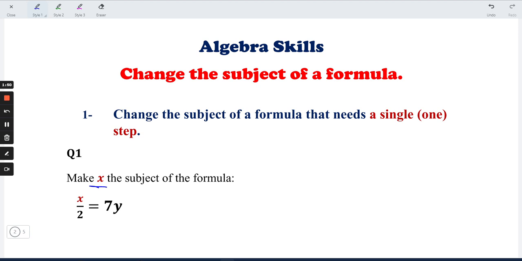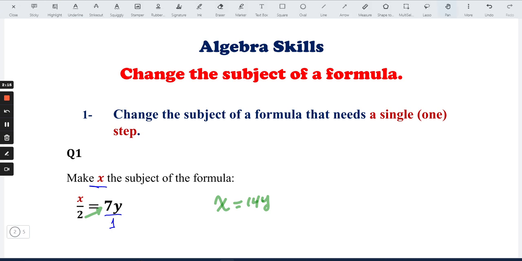So they need to rewrite the formula to make X in terms of Y. We know that 7y is over 1. Now the one step is to multiply 2 times 7 here. We will get 14, so we will get X equals 14y.